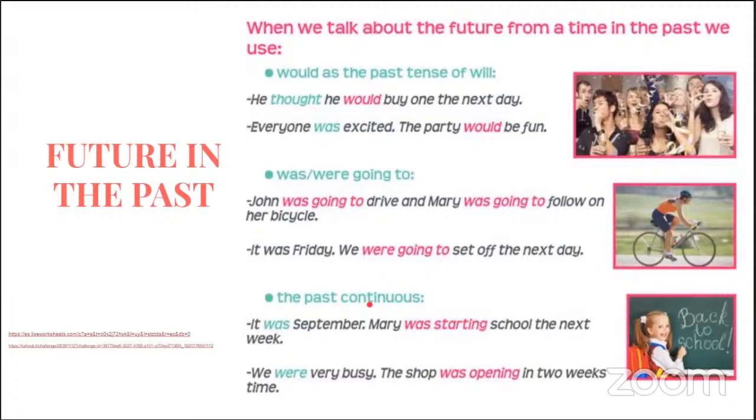These three tenses to refer about the future in the past. So when we talk about the future in a time past. So do you have any doubts or questions about this?